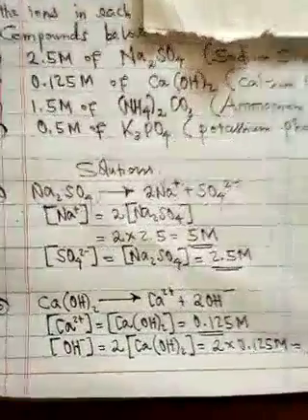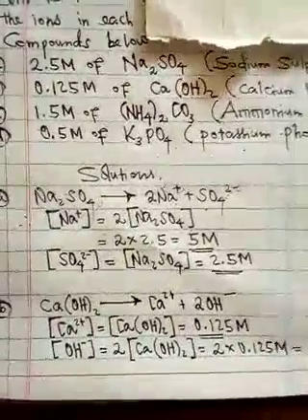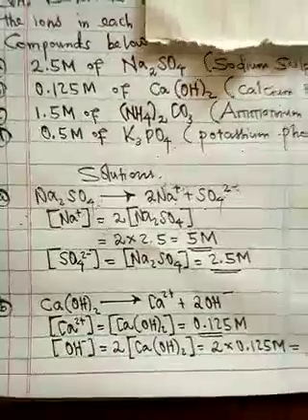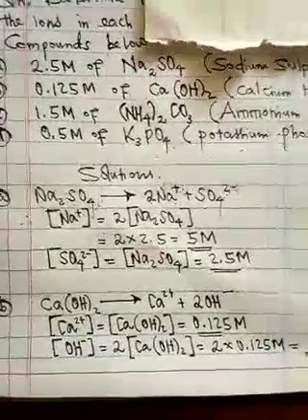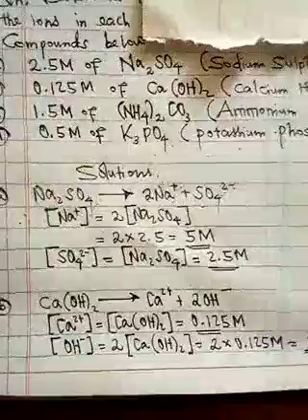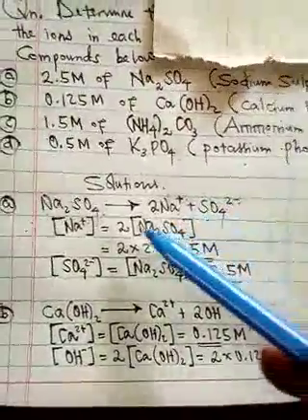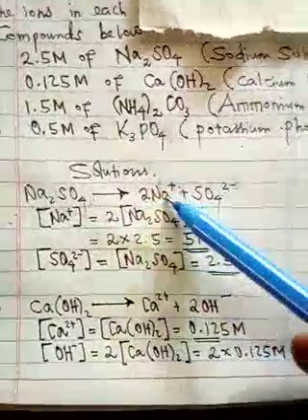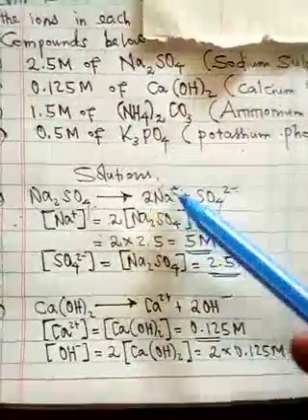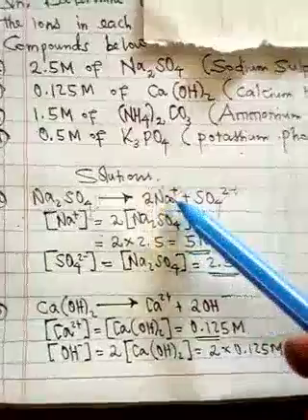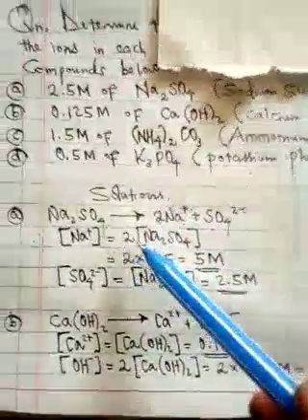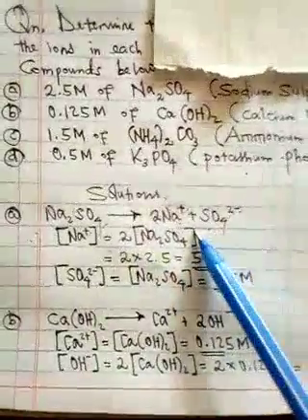So mole ratios can be converted into molarity ratios if the volume value has been restricted to just 1 decimeter cubed or 1 liter. So the molarity of sodium ions is 2 times the molarity of the sodium sulfate.